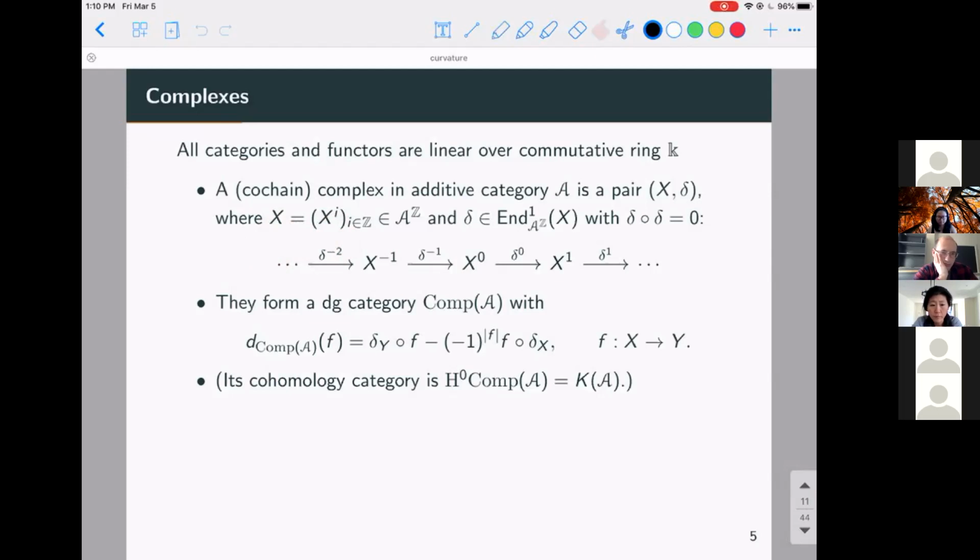And then delta, the differential, I package into a degree 1 endomorphism of this Z-graded object X. So for a Z-graded object, it makes sense to say that the endomorphism has degree 1, and I ask that it squares to 0. Okay, and these things form a DG category with this differential.